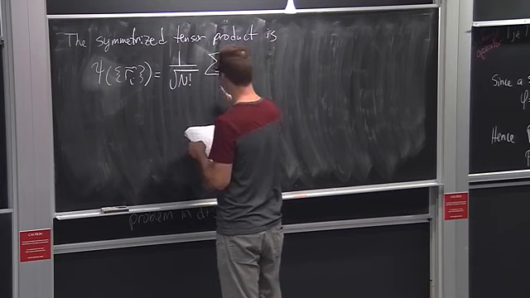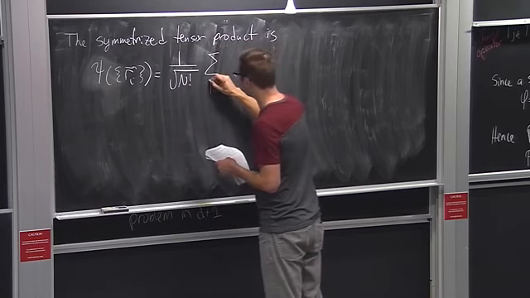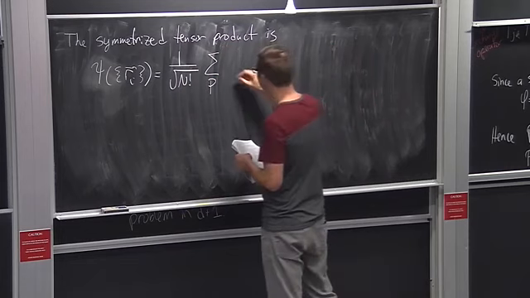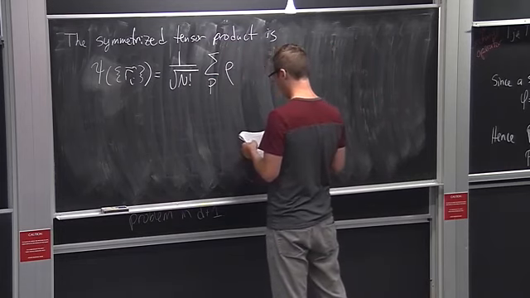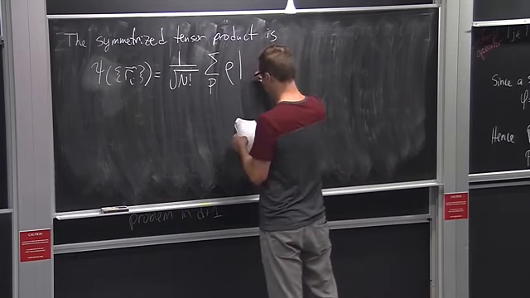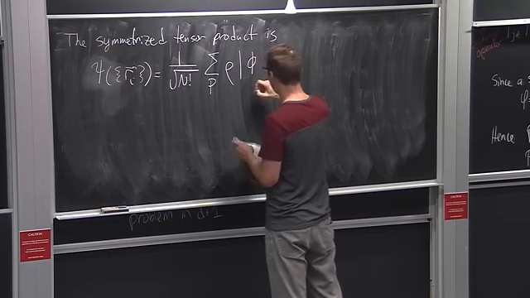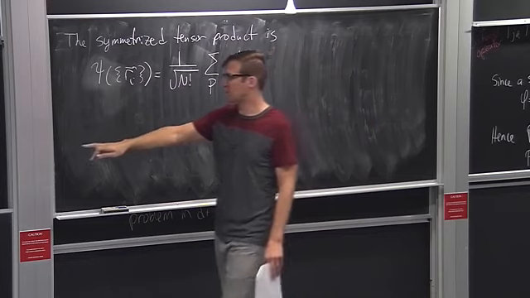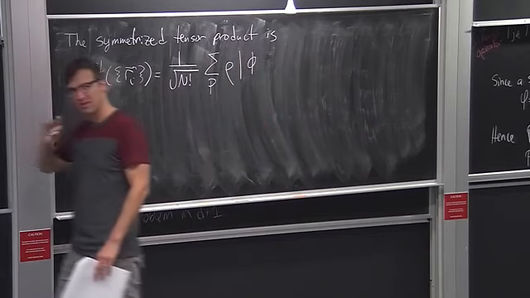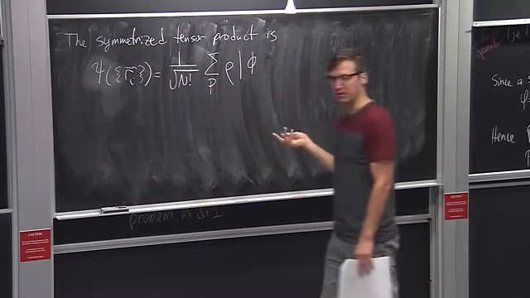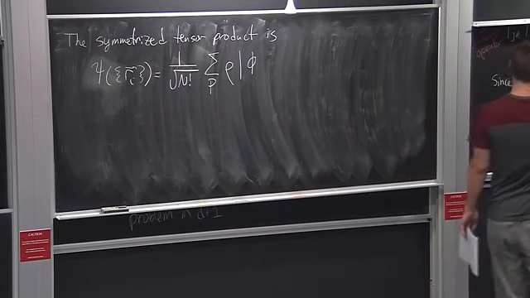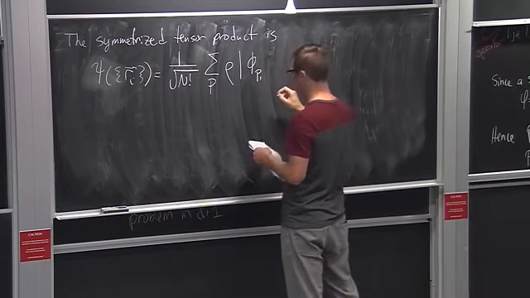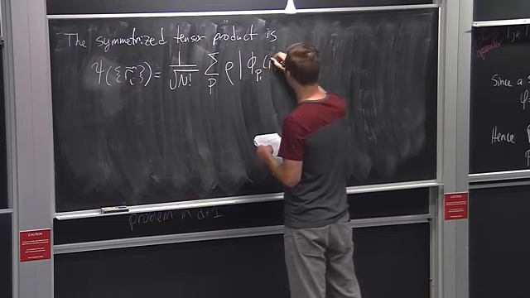Okay, there's some combinatorial factor, and then there's a sum over all possible permutations, which I'll explain, plus a phase factor. And I have to use this single particle label, but I have to be able to permute all the single particle labels, like I was talking about here. And so I'm going to label these with P's for the permutations.